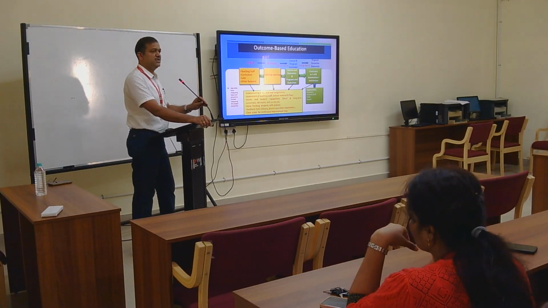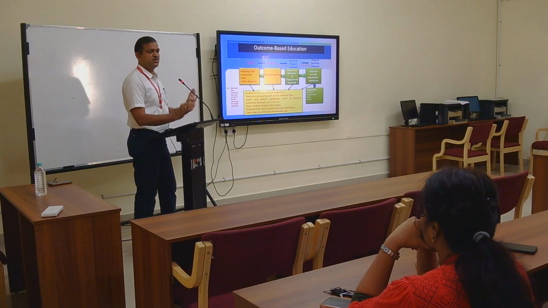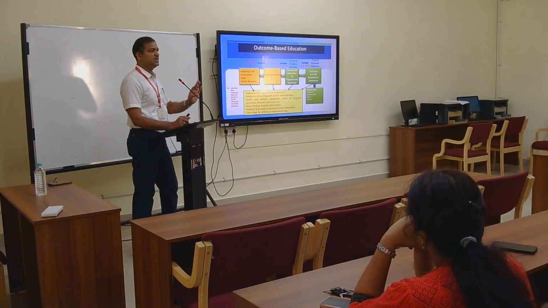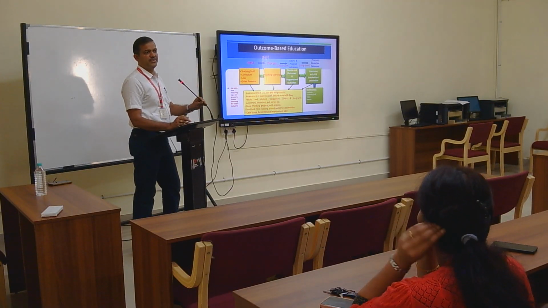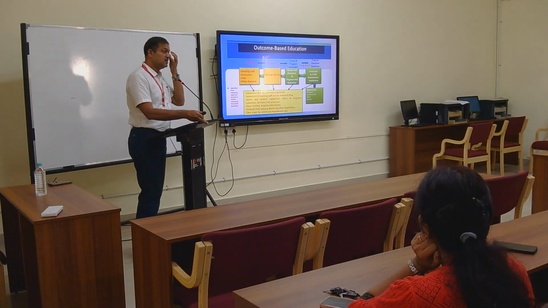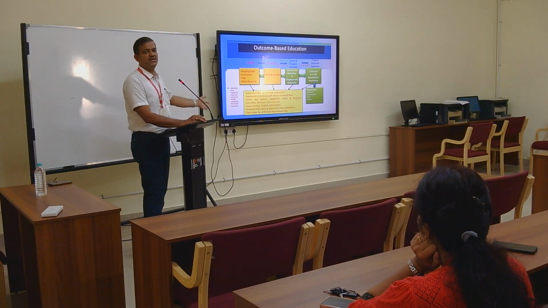In the traditional approach, it is one way, whereas in outcome-based education, it is two-way. We assess and we take the feedback, whether the student has learned properly or not. If you take the example of this FDP, at the end of the FDP, what are the outcomes? What is the outcome of a particular FDP?